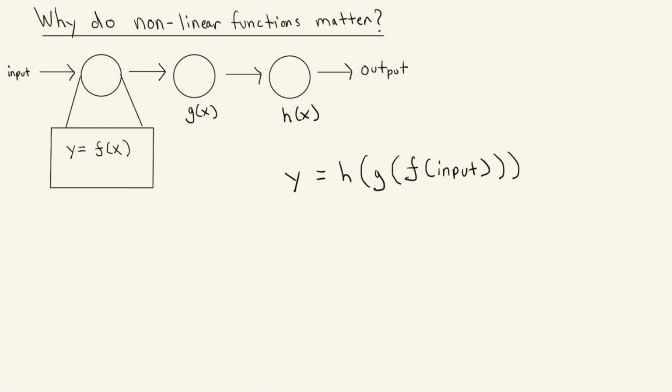So to understand why nonlinear functions are so important for AI, I think it's kind of helpful to do a thought experiment. So let's pretend that all three of these functions, f of x, g of x, and h of x, were linear functions, that a neural network didn't use any nonlinear functions internally inside of it.